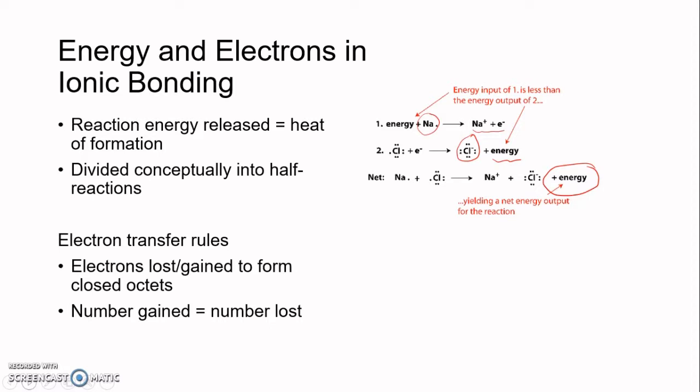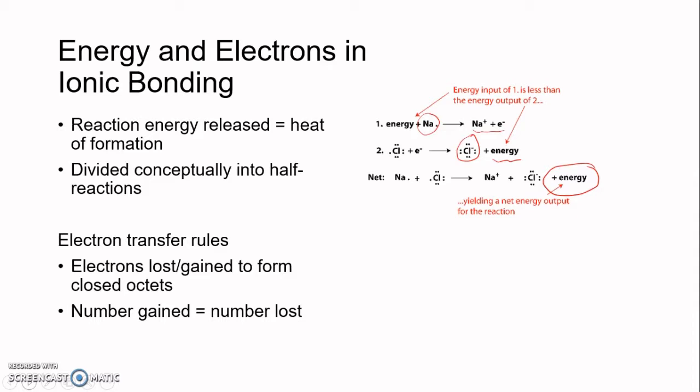Do remember your electron transfer rules. We're going to see this a couple of times today in the rest of this lecture. The transfer rules is that the number of electrons lost or gained have to bring that element to the closest octet.